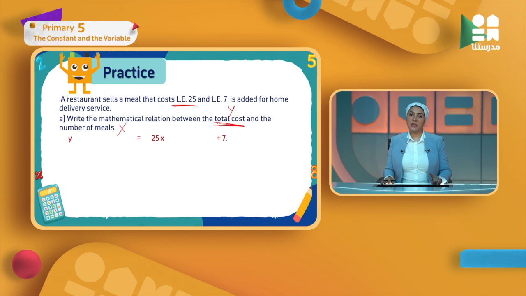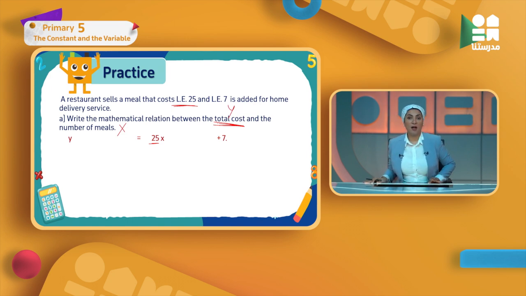Where did these values come from? Y is the total cost I want to know. And of course it is a variable because it changes with the number of meals that are going to be bought or sold. Equals 25x. What is 25x? 25 is a constant.